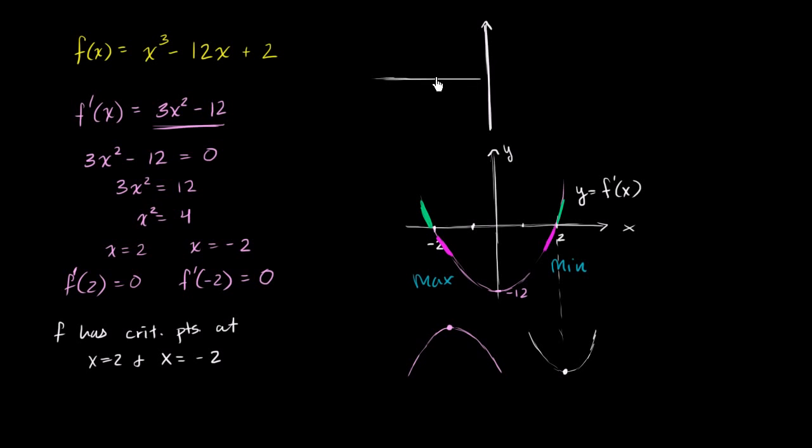So my best attempt, and it might not be drawn completely to scale. So it's my x-axis. This is my y-axis. We know we have a critical point at x is equal to positive 2, and we have a critical point at x is equal to negative 2.